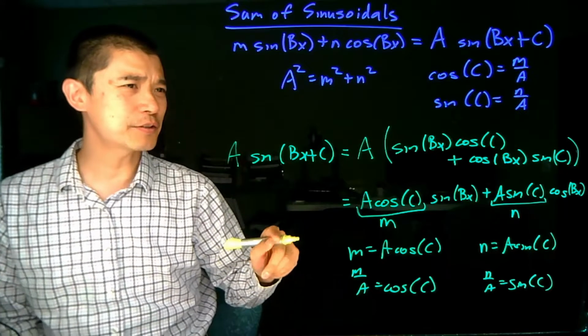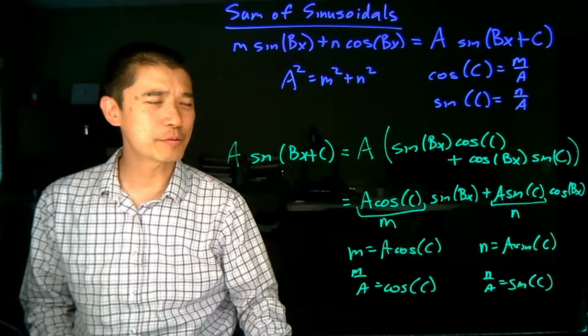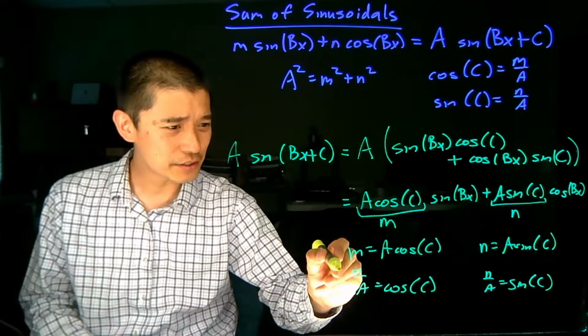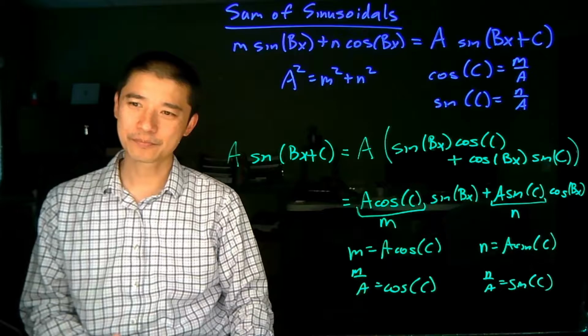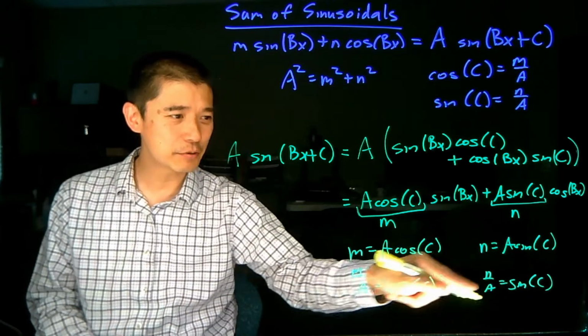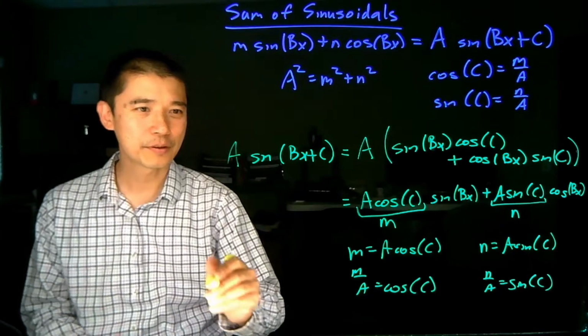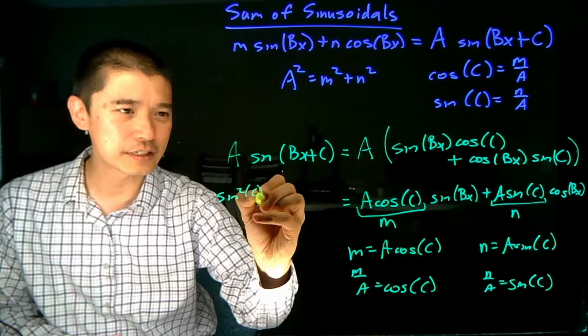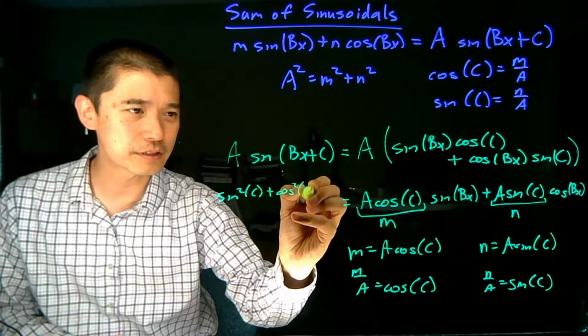But that still leaves us with the question, what about a squared equals m squared plus n squared? Where does that come from? Well, it's actually just a rearrangement of these two expressions. The trick here is to use the Pythagorean identity: sine squared plus cosine squared equals 1. So we'll slide in over here, sine squared c plus cosine squared c equals 1.